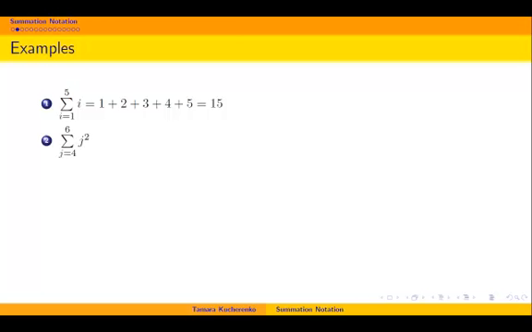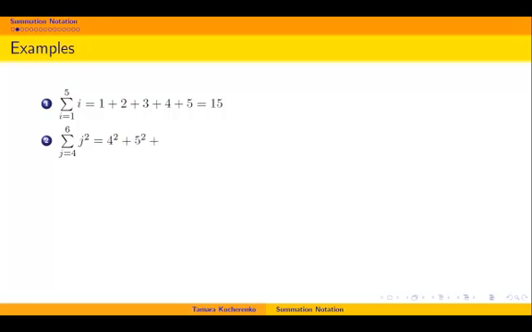The next example is the sum from j equals 4 to 6 of j squared. We start with j equals 4. Substituting number 4 for j, we get the first term of the summation, 4 squared. The next value for j is 5, and substituting it in, we get 5 squared.